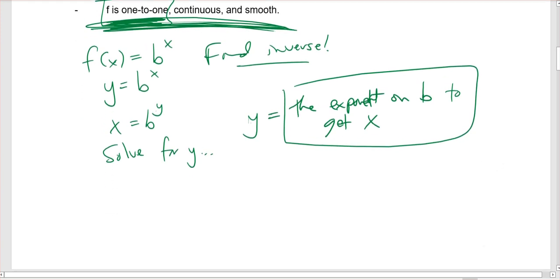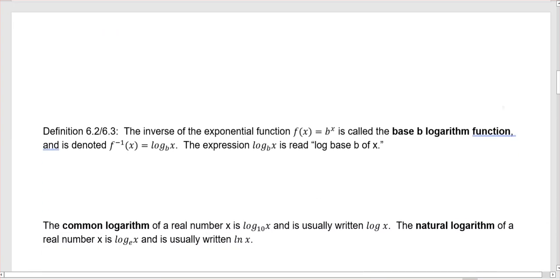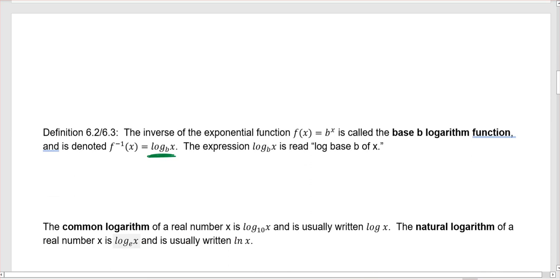So we use notation, and I hope it's coming up here. Yeah, there it is. So we use this notation right here to mean the exponent on b that gives us x. So it's the exponent that we put on the number b to get x.